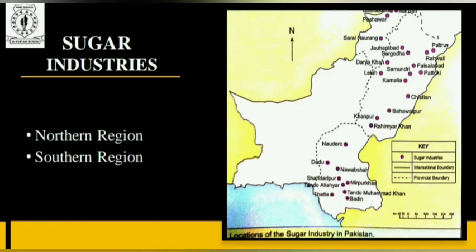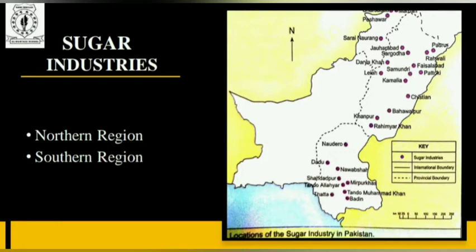Now when we talk about the sugar industry, the northern and southern regions are covered with these industries. The major reason is that sugarcane is present in the largest quantity over there. And there is one more factor you have to keep in mind: when sugarcane is harvested, it starts losing its content as soon as it is cut, so it needs to be crushed immediately.